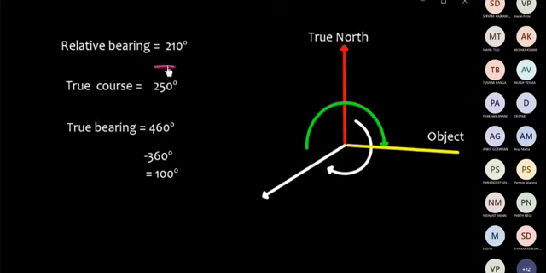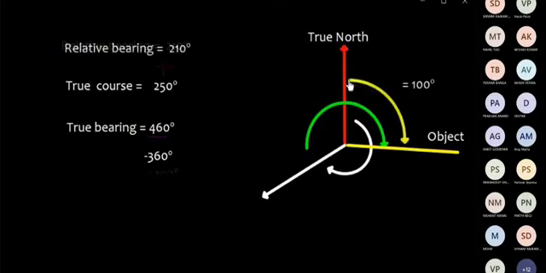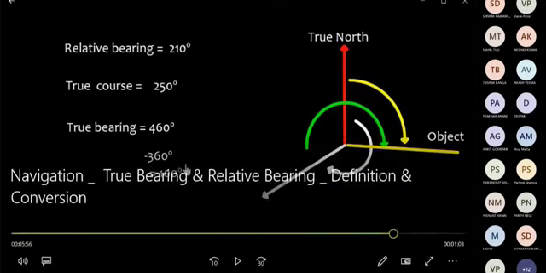Well, the true bearing is going to be the sum of that 210 plus 250, that is 460. However, we need to subtract this 360 degrees. So the true bearing is from here to here, which is 100 degrees. So did you understand this diagram, beta?